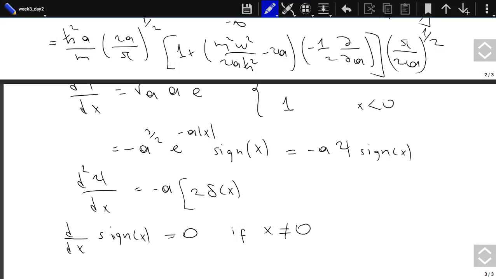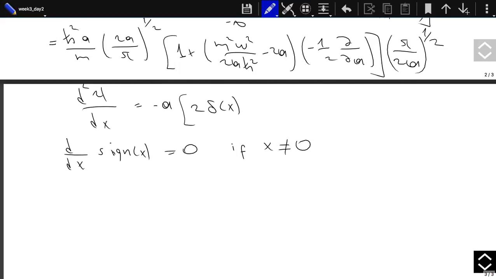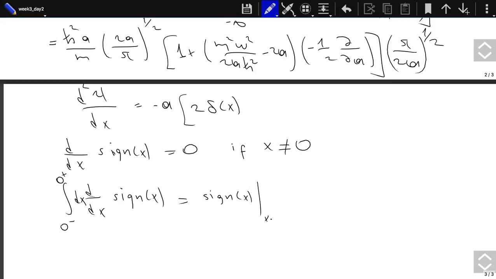So if x is not 0, it's 0. That we definitely know. Another property that we know is that the integral of d/dx of the sign function over x, from 0 minus to 0 plus, somewhere from the negative side of 0 up to somewhere on the positive side of 0, is equal to the sign function evaluated from x equals 0 minus to x equals 0 plus.